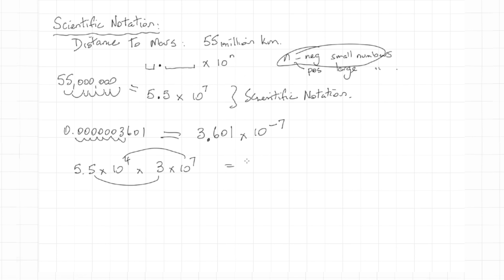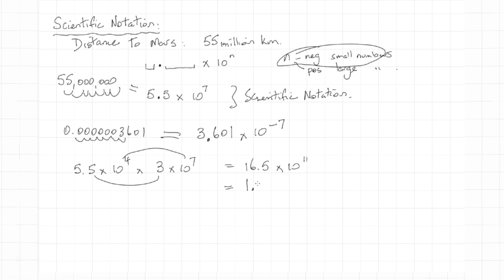So 3 times 5.5, calculate if you have to, 16.5 times 10. Now we've got like bases, so we add the indexes, so 10 to the power of 11. Now we know that if our answer is to be in true scientific form, we can only have one number before the decimal place.